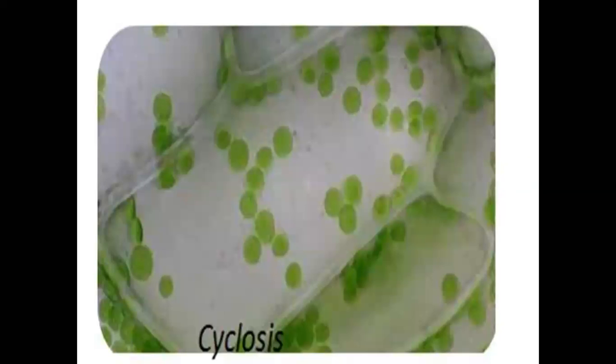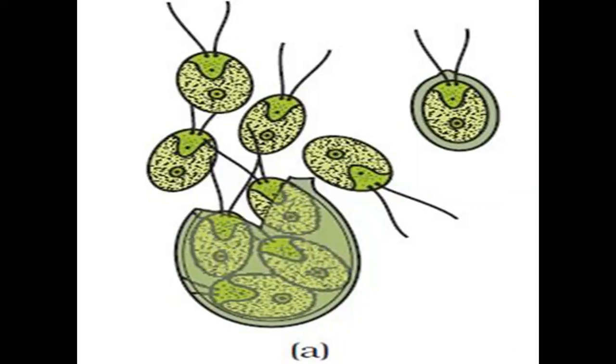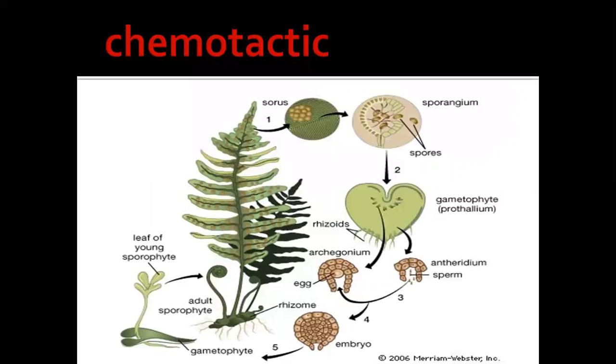In this diagram, there is the movement of a cell organelle, the chloroplast, towards the boundary, while in this diagram there is the movement of a cell or an organism, because Chlamydomonas is a unicellular organism.